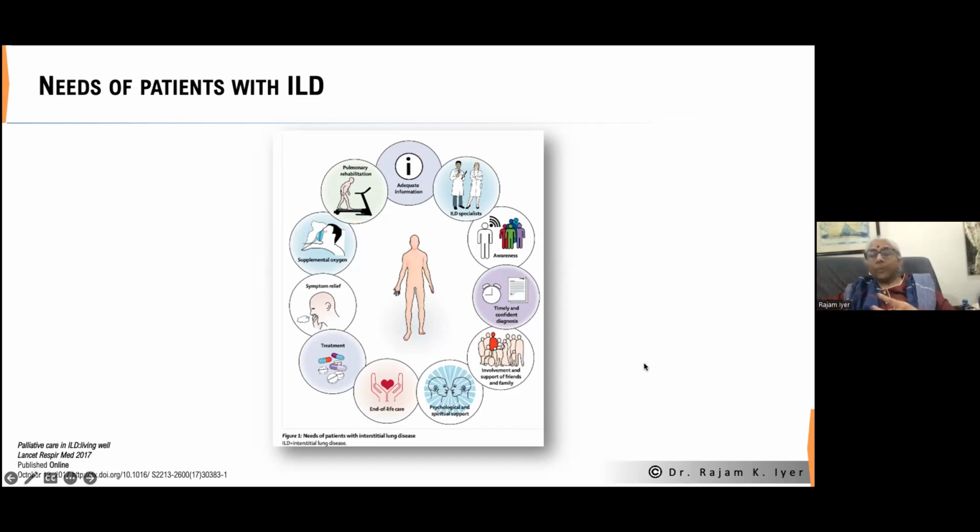So it slows the progression according to research. At ground level, we really don't know how effective it is. So the needs arising from the symptoms are huge: dependency, the fact that it's incurable, progressive, distressing symptoms, caregiver burden, no treatment available as such, and therefore how the end of life should be addressed.